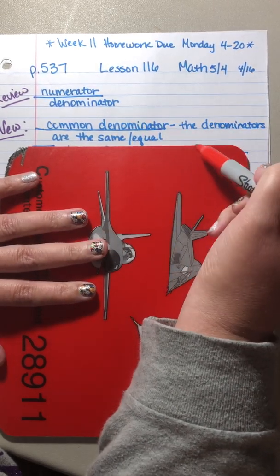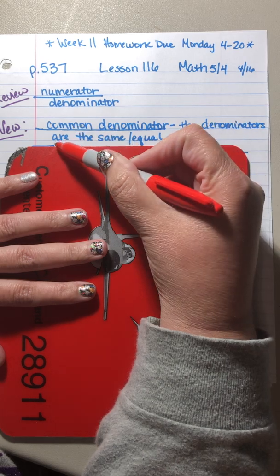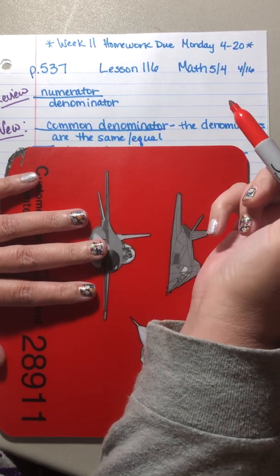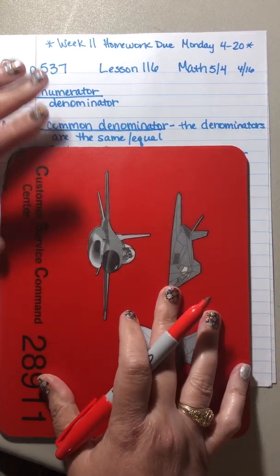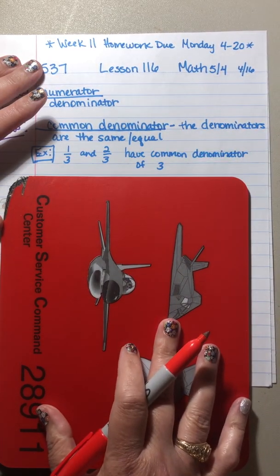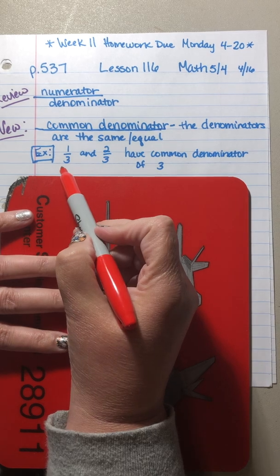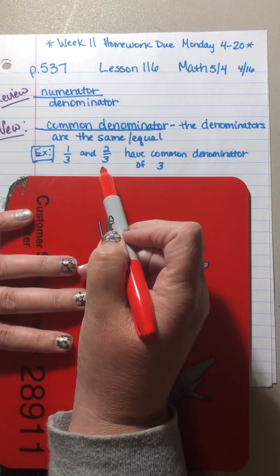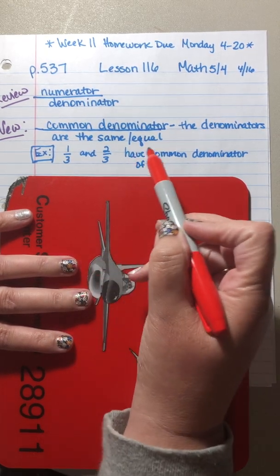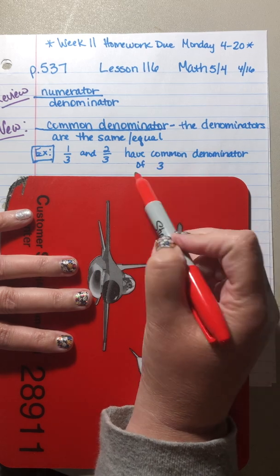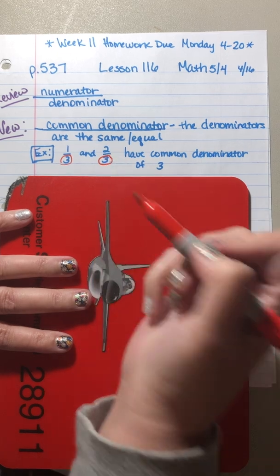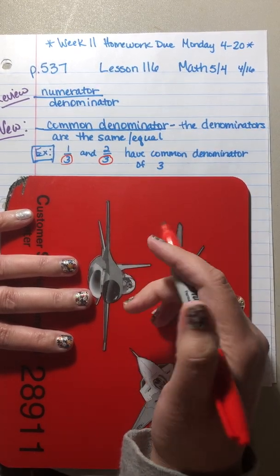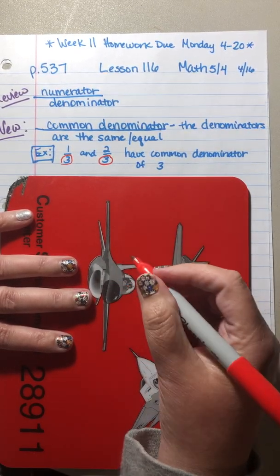A common denominator means the denominators of two or more fractions are the same or equal. Let's look at an example. If I have the fraction 1/3 and the fraction 2/3, they have a common denominator of 3. Both of their denominators are 3.